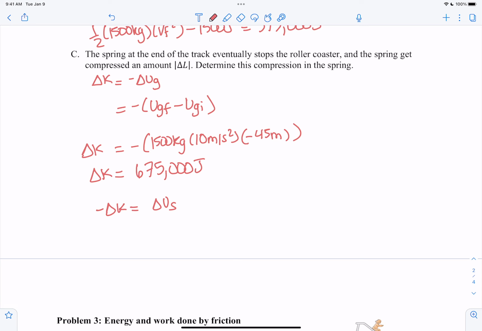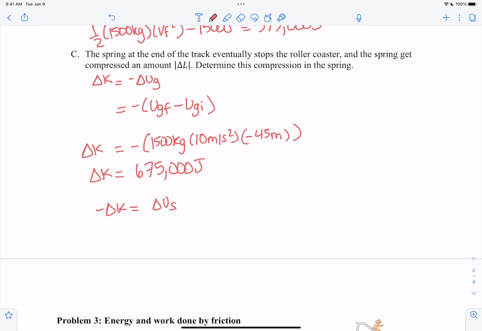Okay, so I don't know. I'm getting positive 675. Anybody else getting positive? I don't see anything wrong with what I'm doing so far. There should be an increase in kinetic energy from the top to the bottom. Yeah, I keep getting positive here.